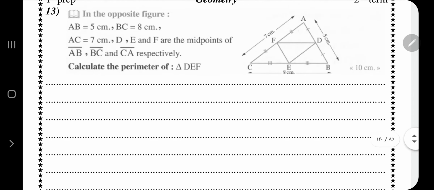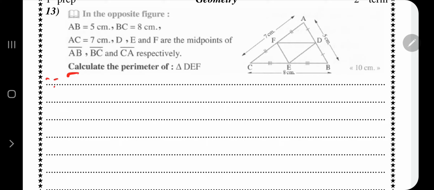This is an important example and it is repeated in the examination. At first, he asked me to find the perimeter of the inside triangle. I will choose each two points respectively and start with them.